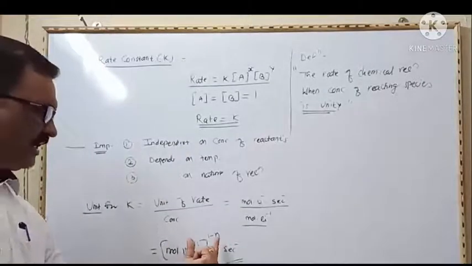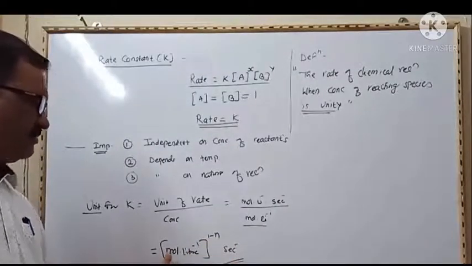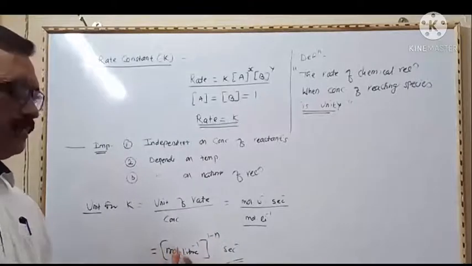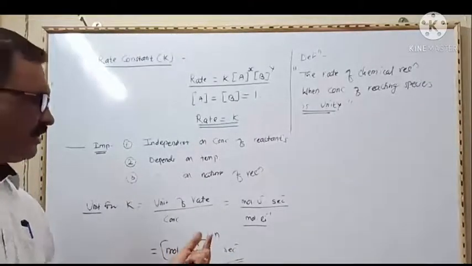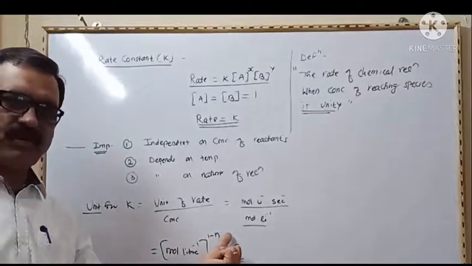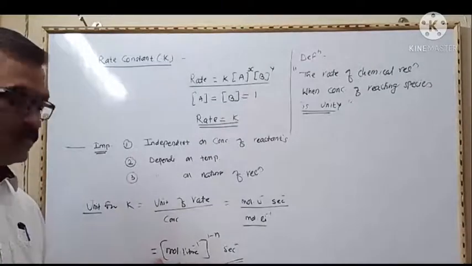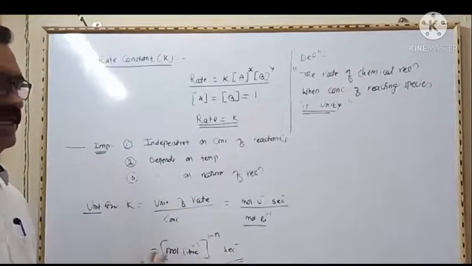For a zero order reaction, n is equal to 0. Then the expression becomes moles per liter raised to 1, that is mole per liter per second. For a first order reaction, n is equal to 1, 1 minus 1 is equal to 0, and hence the unit is only per second, and so on. Okay?